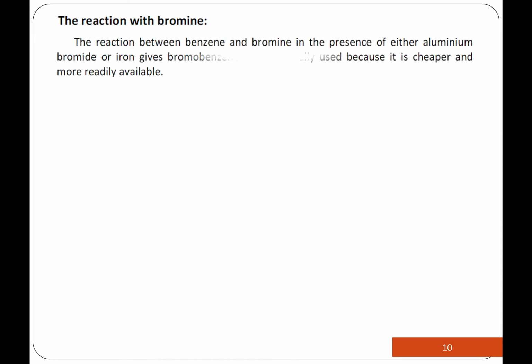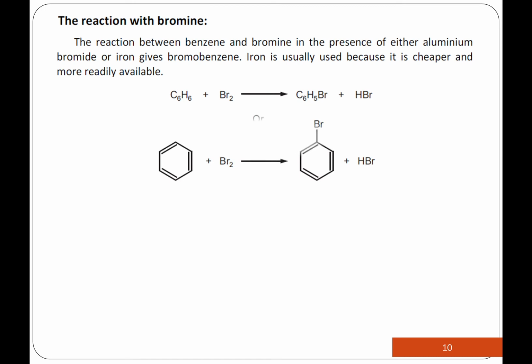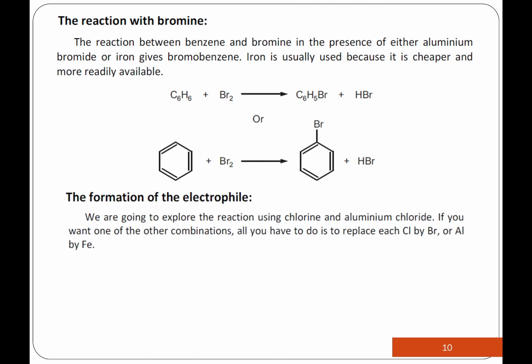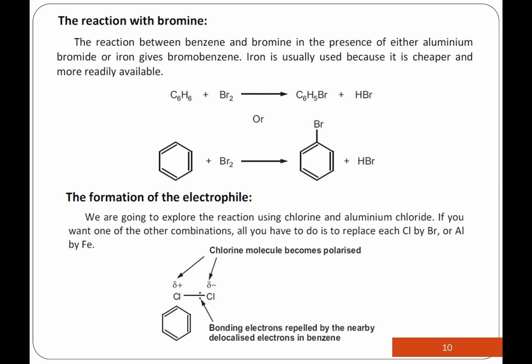Same thing here, reaction with bromine. See, now why is this chlorine broken into two different poles or two differently charged species, positive and negative? There are two explanations. This is very important.